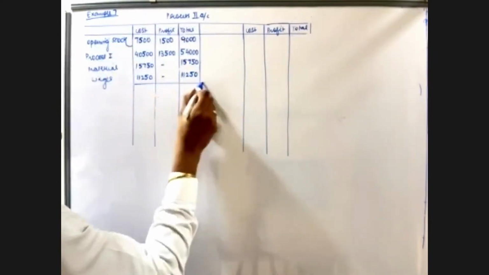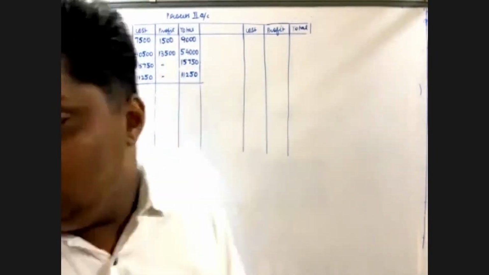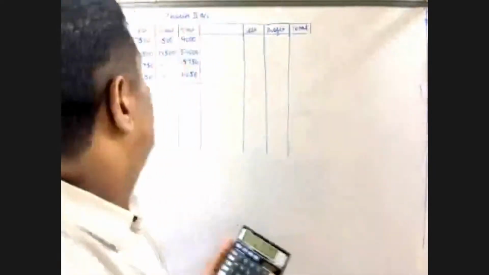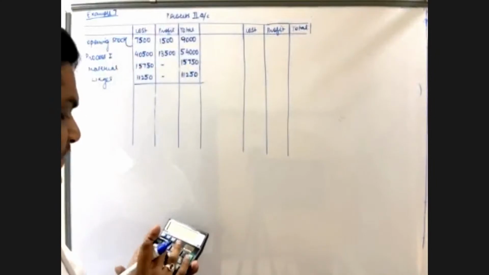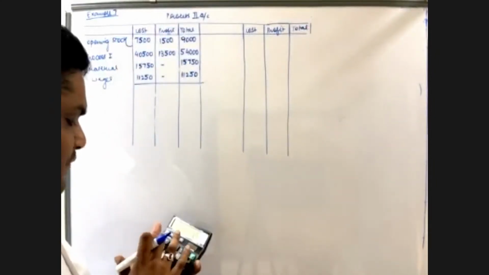So this is my prime cost, that is 9,000 plus 54,000 plus 15,750 plus 11,250.